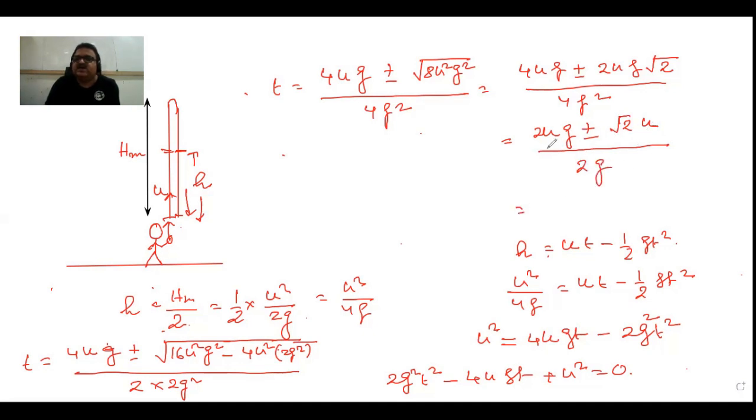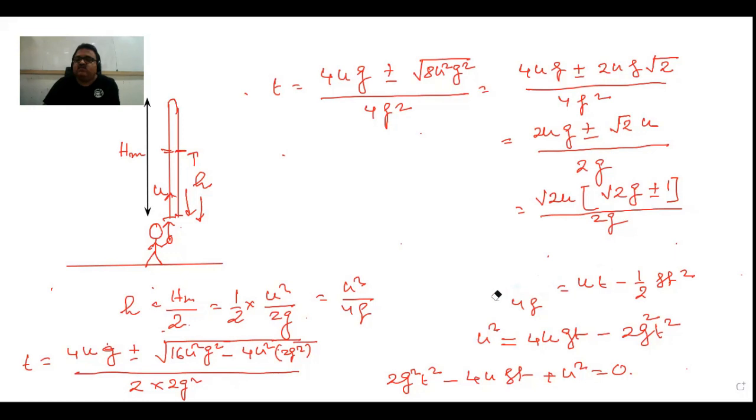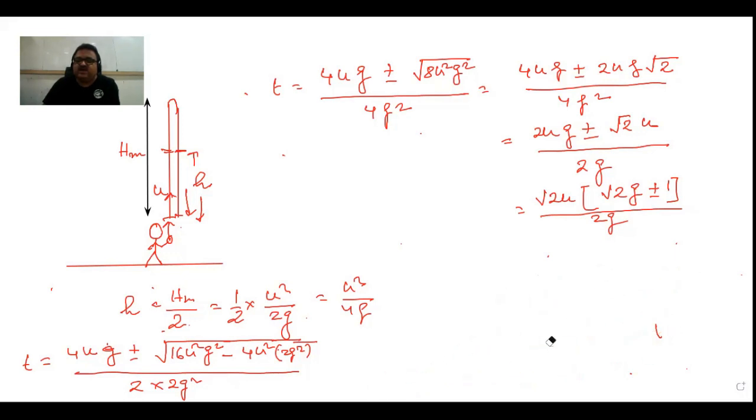Now you can take root 2u common from this, and the thing will become root 2u into root 2 plus minus 1 divided by 2g. Okay. Now there are two values of t and look, both are valid.